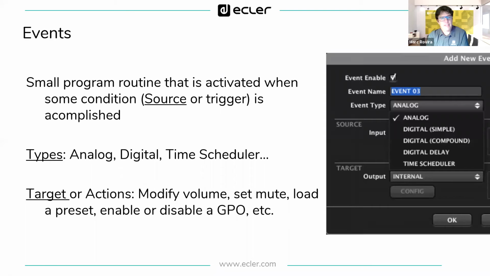So what are events? An event is a small program routine that is activated when some condition, source, or trigger is accomplished. Basically, you get a stimulus that is related to an event, and this event will make an action after this stimulus, after this trigger. There are different types: analog, digital simple, digital compound, digital delay, and time scheduler.